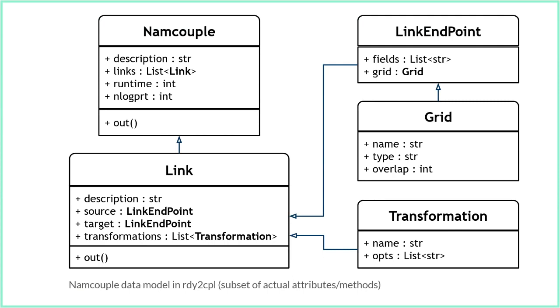And then the link endpoints refer to grids. The one important thing I would like to mention is that the NumCouple file doesn't really know much about the grids. It's basically a name, a four-letter name. The actual grid information that is needed to write the grid files is handled elsewhere.